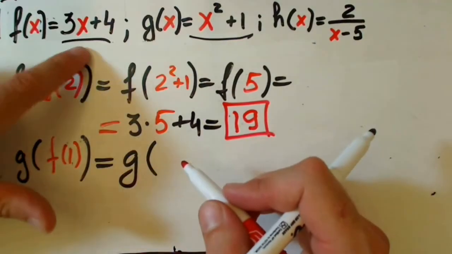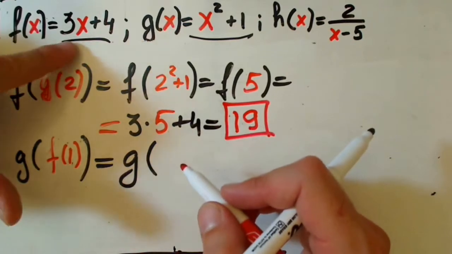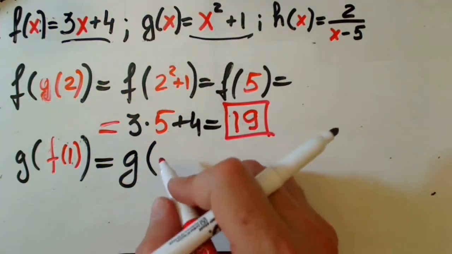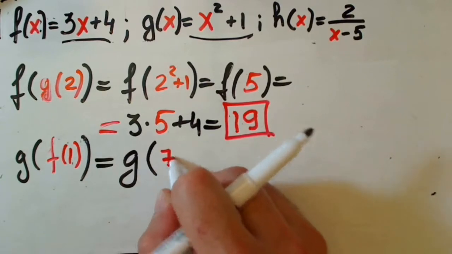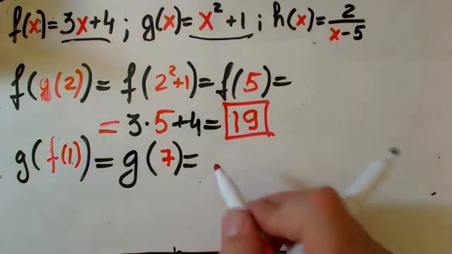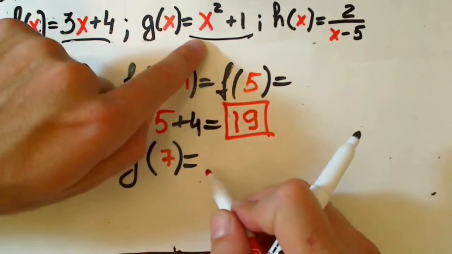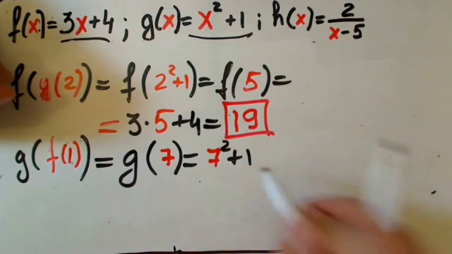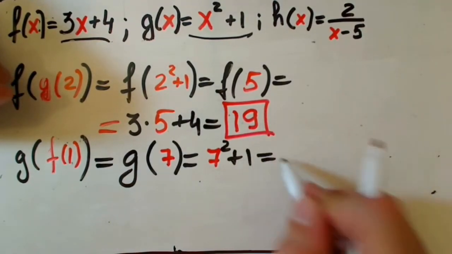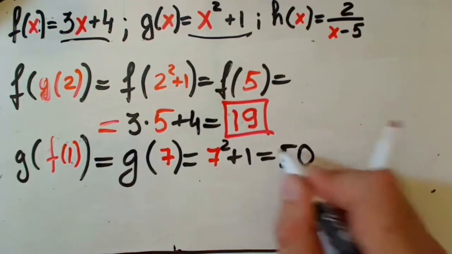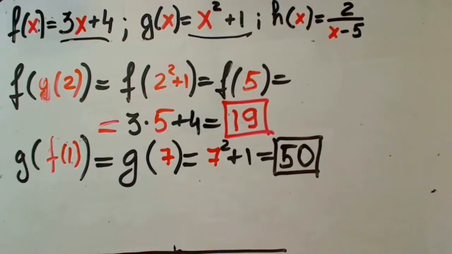Our function f, which is right here, plug in 1, 3 times 1 is just 3 plus 4, 7, and we have our input is 7. Now plug in 7 to our g function, and we have 7 squared plus 1, and it is 7 squared 49 plus 1, 50. Easy. Boom, boom, boom, 50.